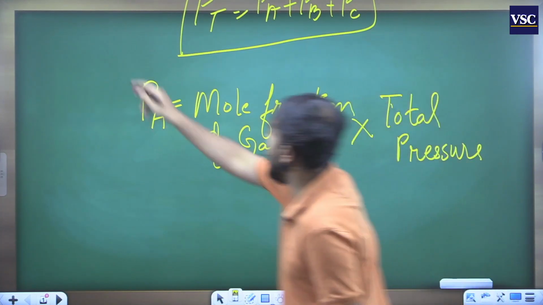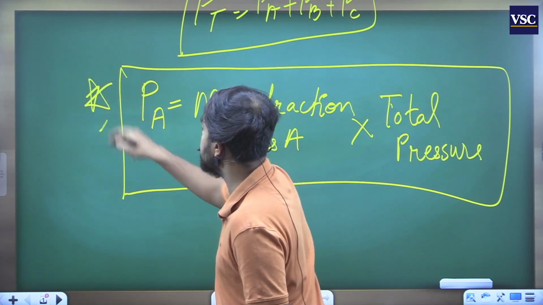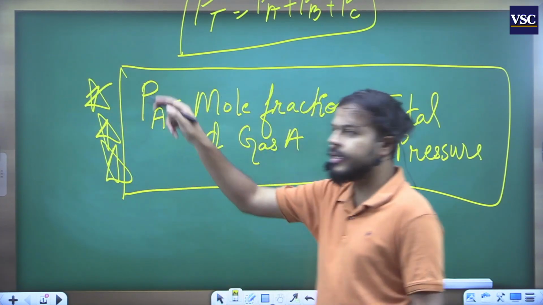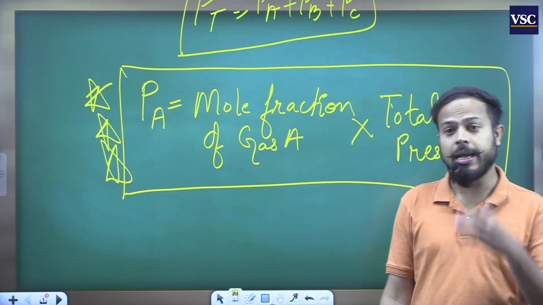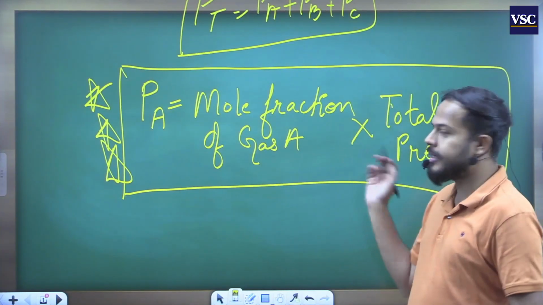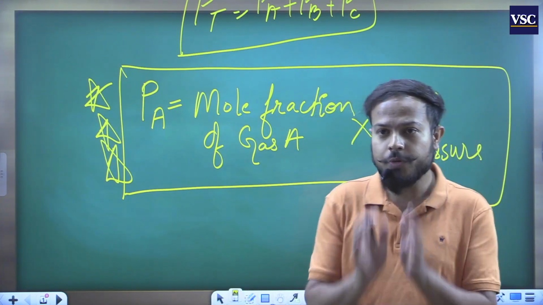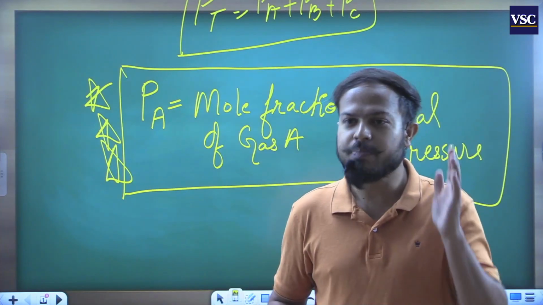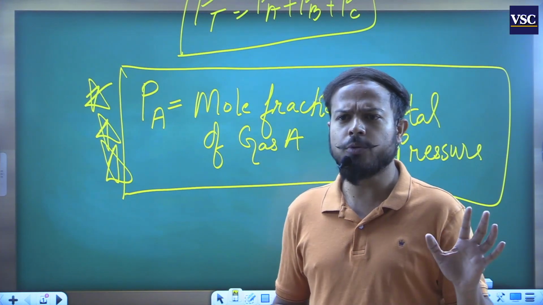If you have to find the partial pressure of any gas, just multiply its mole fraction with total pressure. This is quite an important formula which will help you in later topics also. So just thoroughly remember it: to find the partial pressure of any gas, multiply the mole fraction of that gas with total pressure. That's it. You don't have to do anything else.